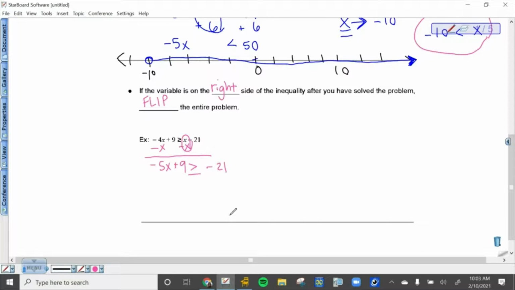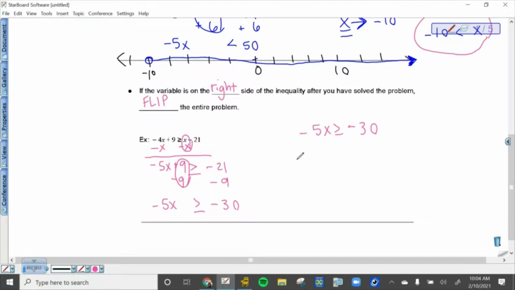Subtract 9. Subtract 9 from here, subtract 9 from there. I'm left with negative 5x. Positive 9 minus 9 is 0. So negative 5x is greater than or equal to negative 30.